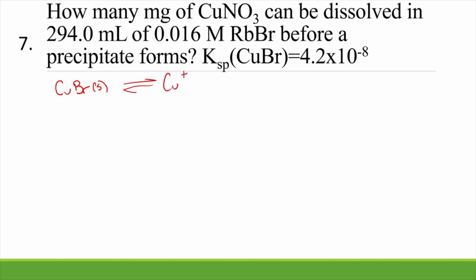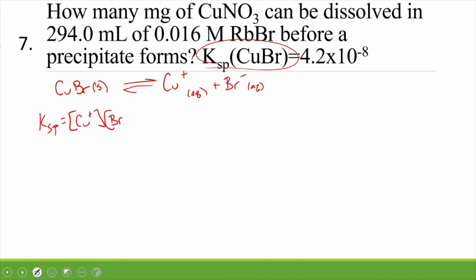We have Cu+ and Br-. And another hint we're given there is that we're given the Ksp of CuBr. So it's like, okay, if we're given the Ksp of copper 1 bromide, then this is probably what I should write a dissociation equation for. So then our Ksp is equal to Cu+ times Br-.